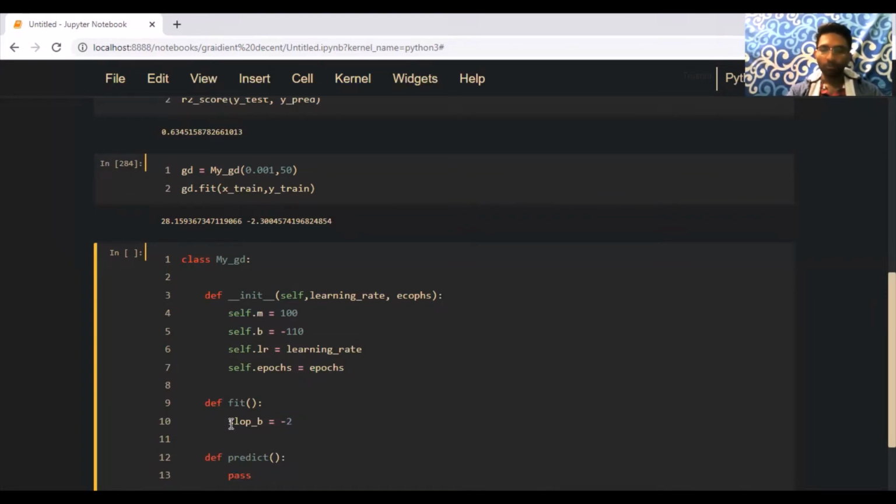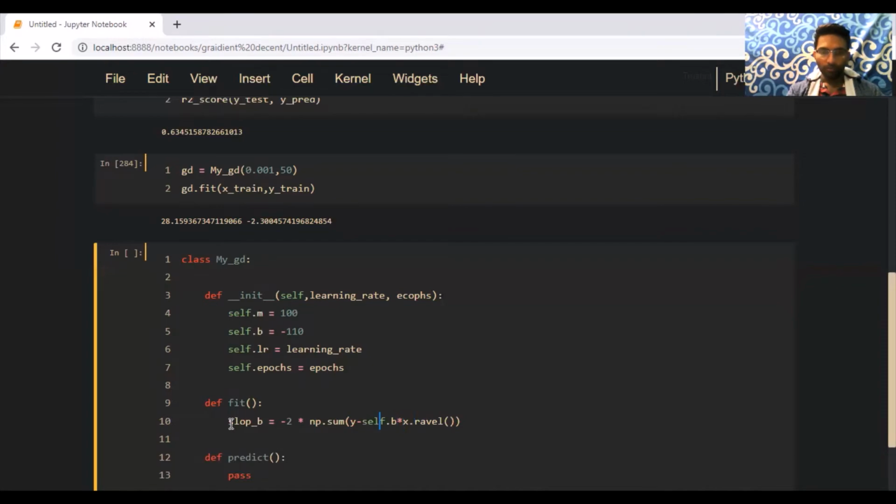minus 2 into np dot summation, as we have to do the sigma function here, of y minus y hat, and y hat can be written as self dot m into x dot ravel. So ravel I am using to just convert this x into 1D.